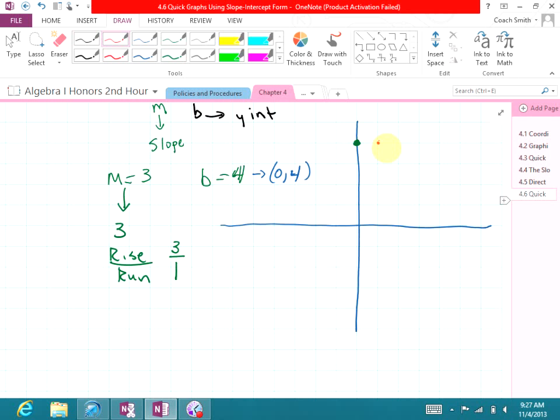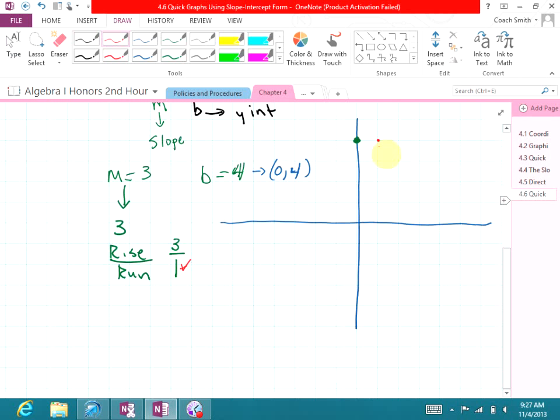Now, is this a positive slope? Let me show you something. If I go one to the left for my run, and then I go 3 down, 1, 2, 3, and I put a point right there. Now, if I connect those 2 points, is that a positive slope? No, that's a negative slope. So I went the wrong way.